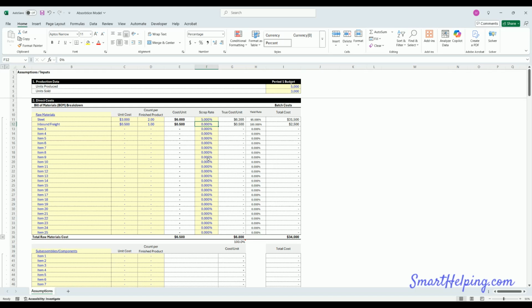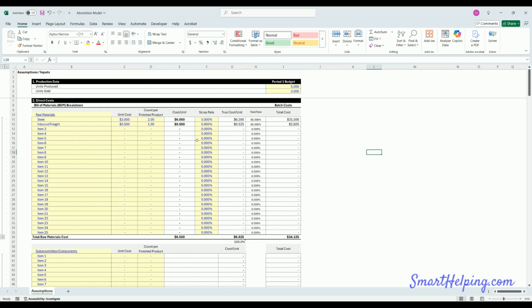Scrap rate could be relevant if what you're buying, you have to actually get a little bit more to cover the full unit. You can put a scrap rate on there. And so at 5,000 units produced, we are at $31,000 total cost for steel, $2,625 for inbound freight.